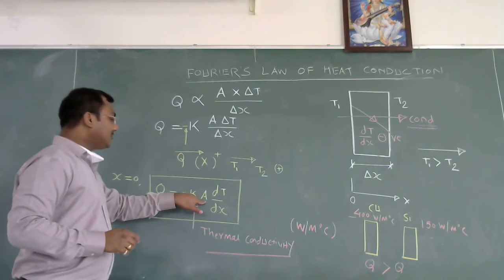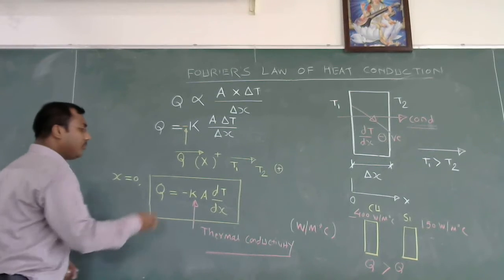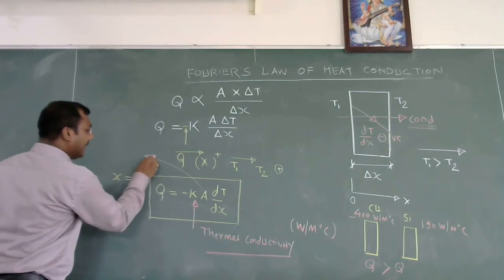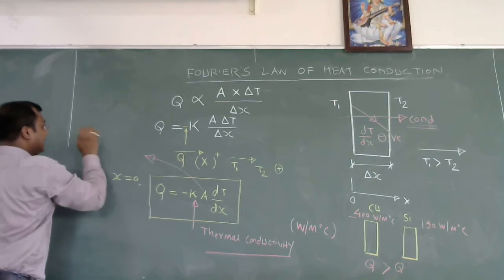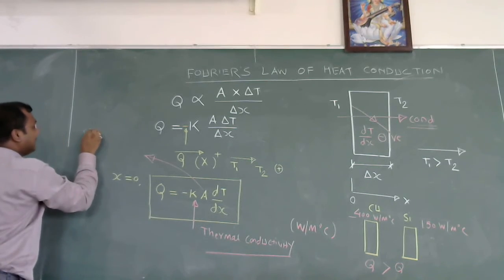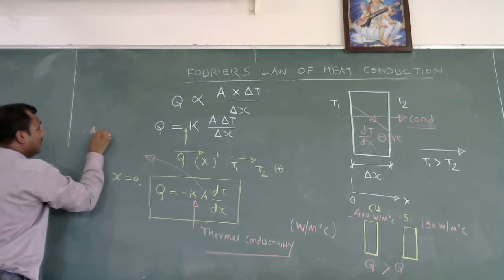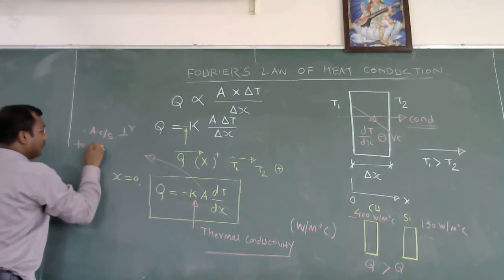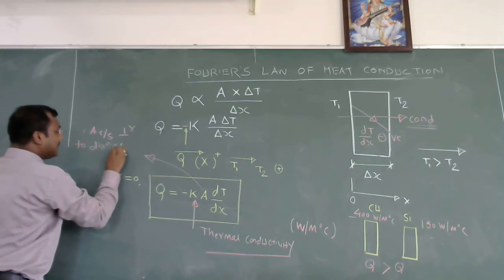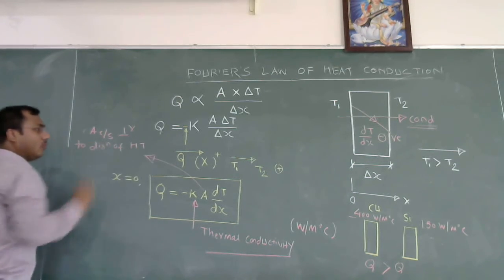Then it depends on the A. A very important thing to note here: this area is not the surface area, this is the area of cross section perpendicular to the direction of heat transfer. What does it mean?